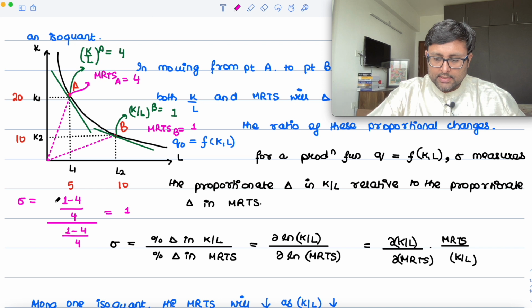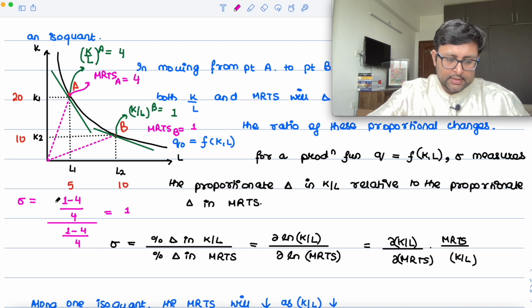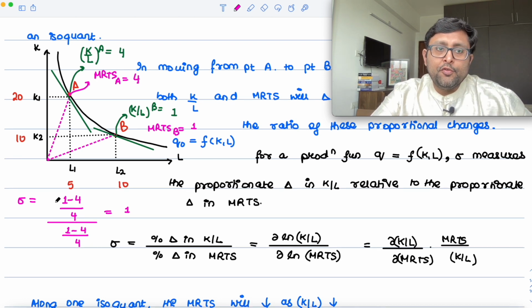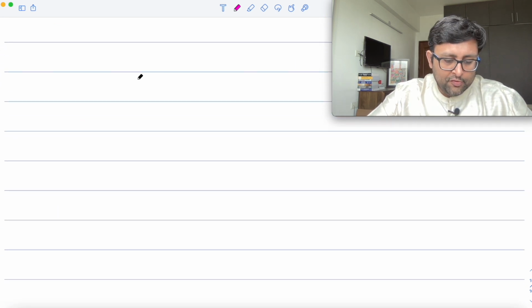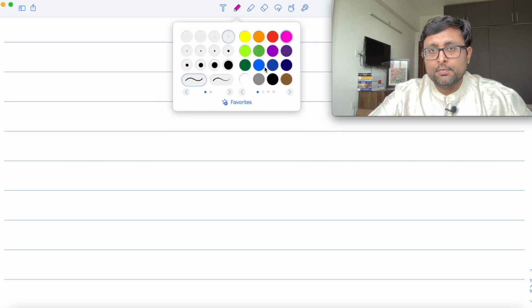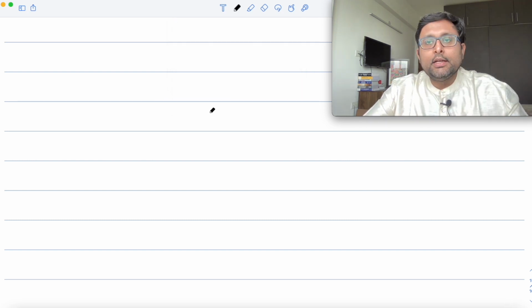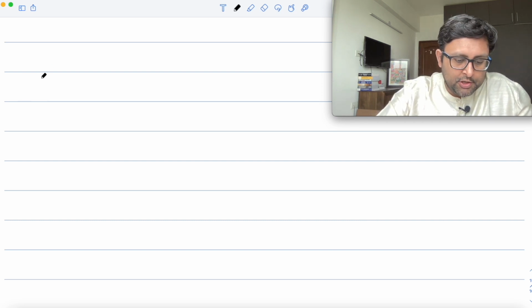This is what elasticity of substitution is. So in a sense, if you get a positive value of sigma, then you say that there is a certain degree of substitutability between the production inputs.